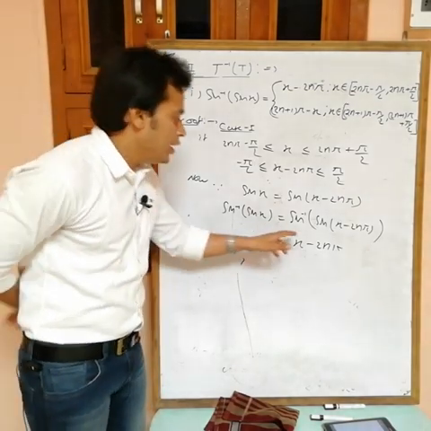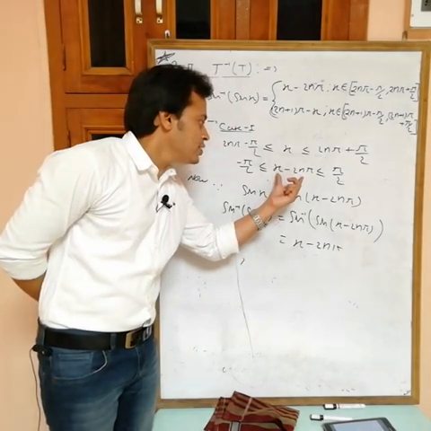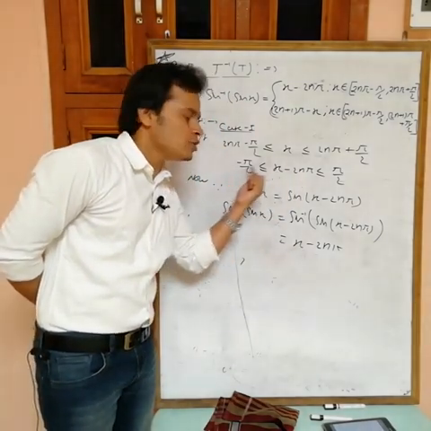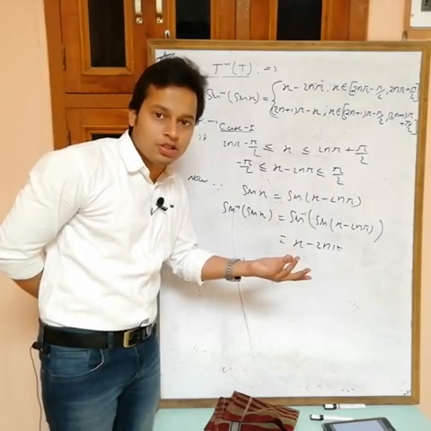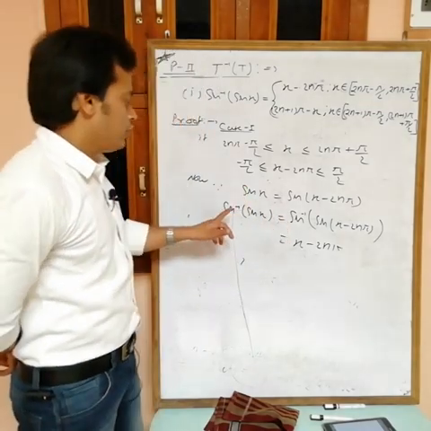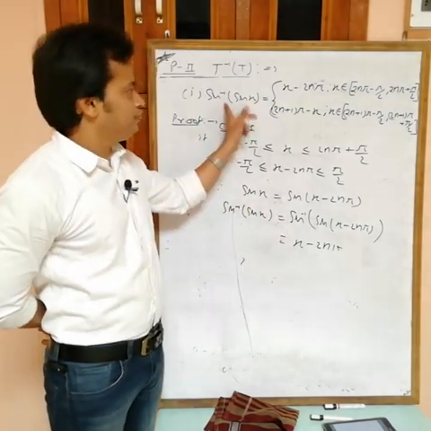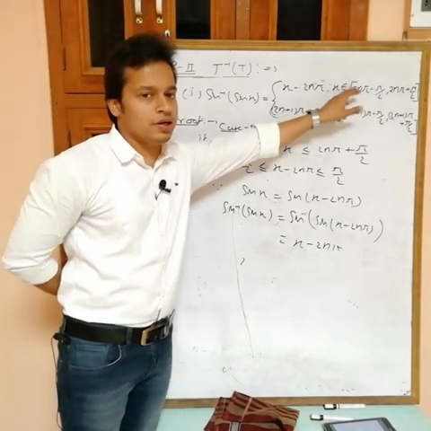After cancellation we get x minus 2n pi, which lies in the range minus pi by 2 to plus pi by 2, and this is the range of sine inverse. It means sine inverse can give this value. So this is equal to this one, when x belongs to this interval.